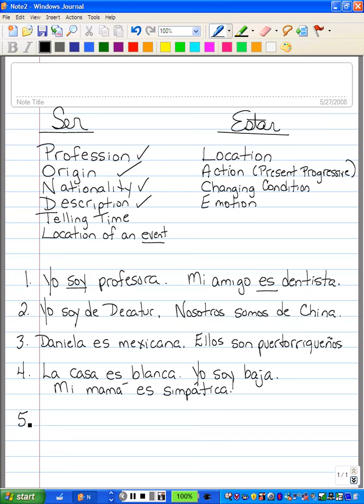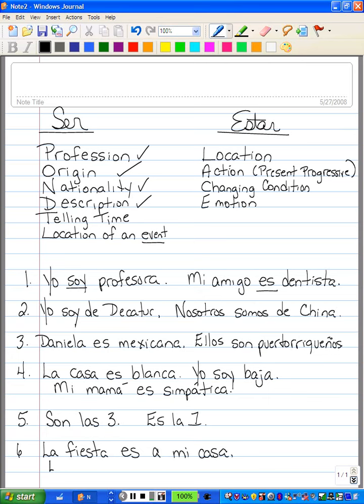Telling time. We just did those in the previous lesson, lesson 1. If you want to say it's 3 o'clock, son las 3. If you want to say it's 1 o'clock, es la una. And then the last one, a location of an event. You could say la fiesta, the party, es a mi casa. That's at my house.